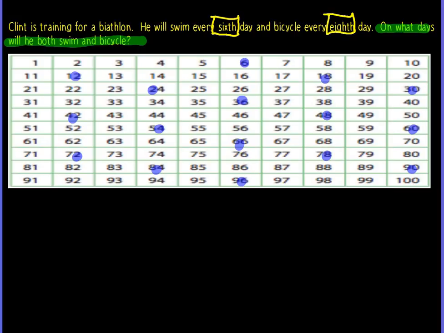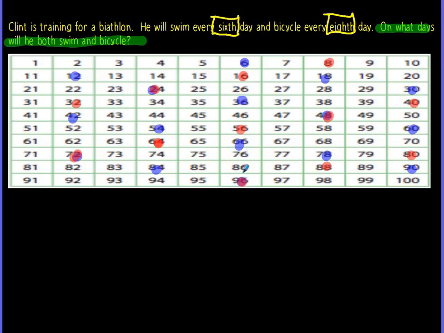Now on every 8th day, he's going to cycle. So we'll do red for cycling. Every 8th day, so 1, 2, 3, 4, 5, 6, 7, 8, and so on, and that's as far as we get.